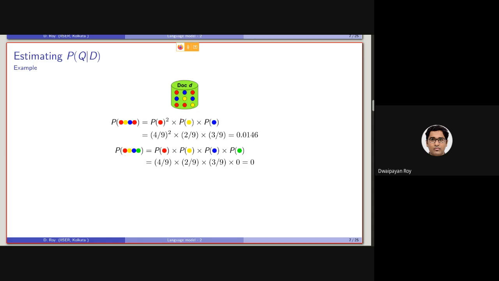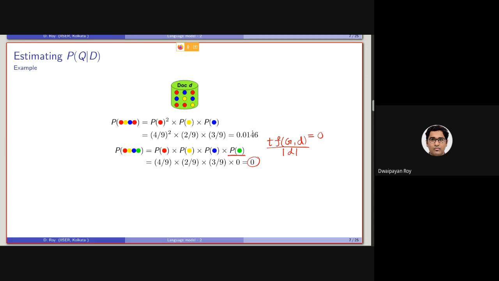Now, considering this maximum likelihood estimation based term generation probability, this will result in a 0, because for one query term, it will be the TF of green in the document divided by the document length, and we know this equals 0 because green is not occurring in the document.